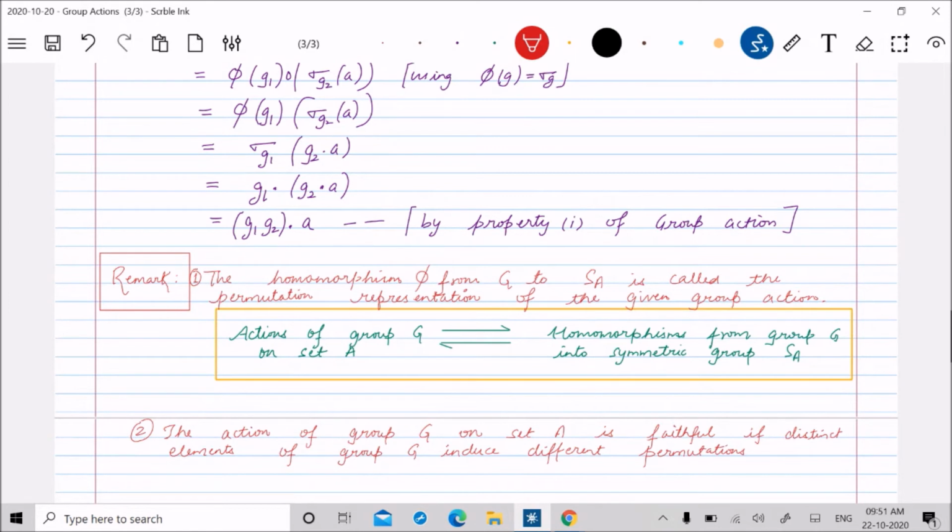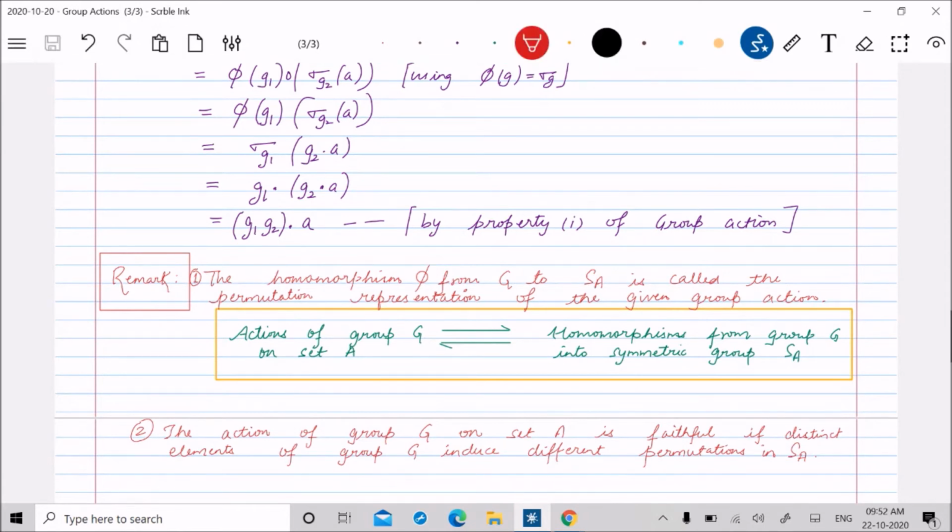It's not true that every permutation is a homomorphism. Induce different permutations in what? Where do permutations live? Priyanka, where do permutations live? What is the set? SA, right? So this is the definition of faithful. And if this is not true, then it's called unfaithful.